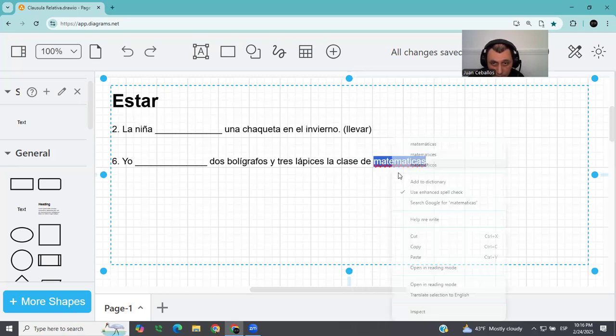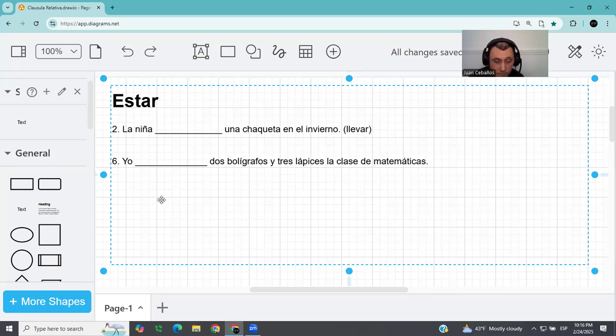Here you can use the verb llevar as well. Okay. For those who have the book, then you're going to have to change this verb here.